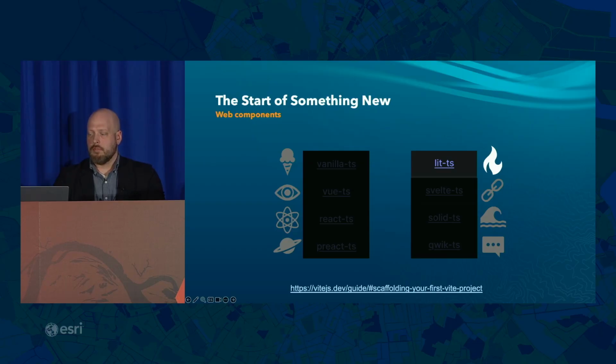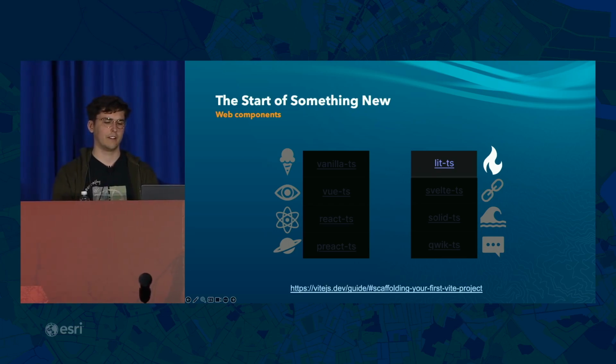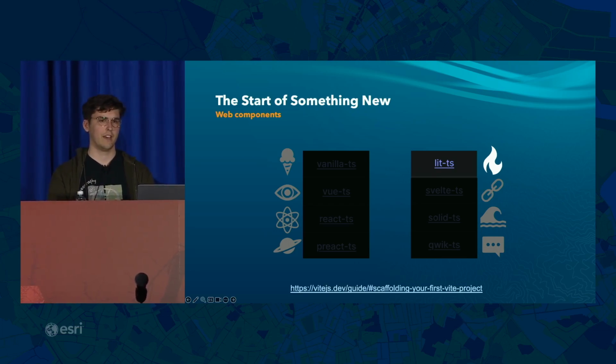Somewhere you've probably heard of web components is in things like the plenary or hearing about the Maps SDK team. They are starting to utilize web components for the Maps SDK for JavaScript to provide an easier configuring experience or an easier way to interact with things like widgets in the browser. So Lit is essentially a tool that will allow you to take advantage of the same technology.